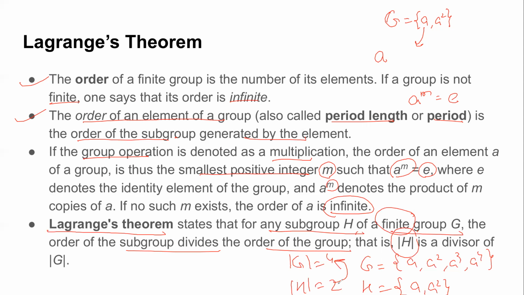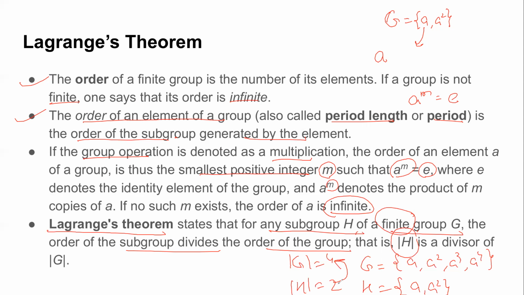So this is what Lagrange's theorem says: the order of the subgroup divides the order of the group. It's a perfect divisor of the group. This is a fact. People have proven this theorem that whenever you define a subgroup from a given group, the order of the subgroup will always divide the order of the group.